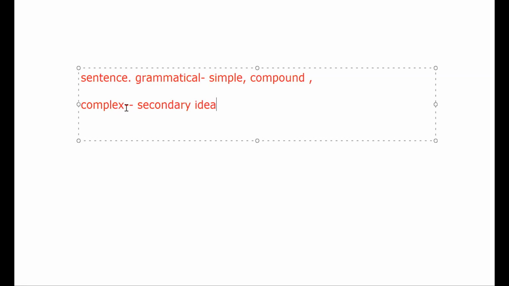Knowledge of sentence structures is very important. So my focus is on complex sentence. How do I know? Because of the secondary idea. And the secondary idea may start with any conjunction. I gave you a list of conjunctions, though, although, W words, all that stuff.